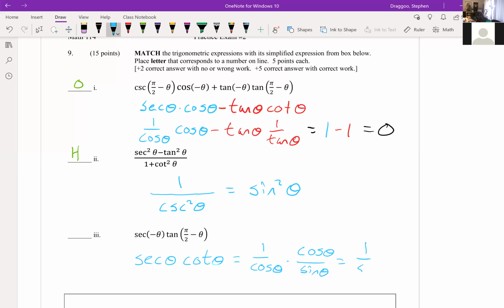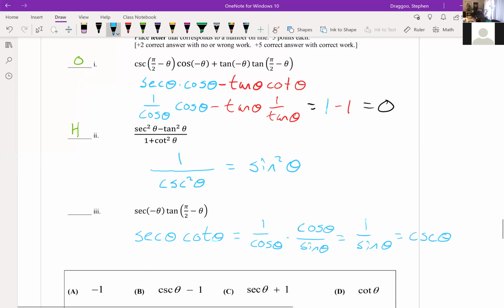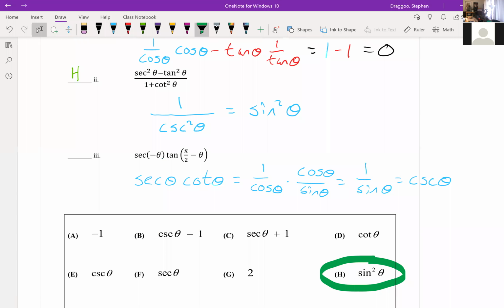That'll just simplify to 1 over sine theta, which is cosecant theta. So option E.